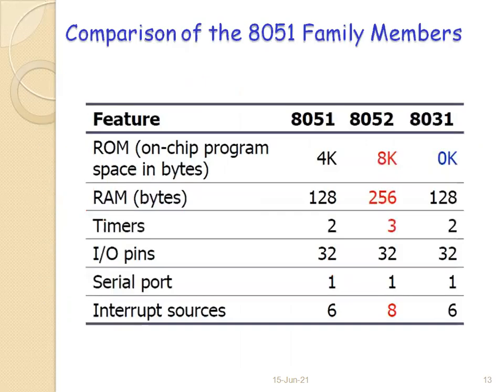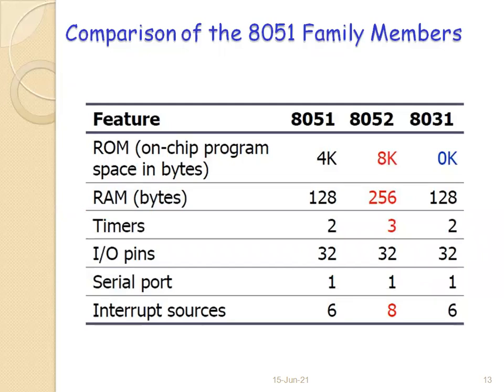Next is the comparison of the features of the different 8051 family members. As you know, the 8051 was first manufactured by Intel, and all the other manufacturers are copying the architecture of the 8051, but they are code compatible.